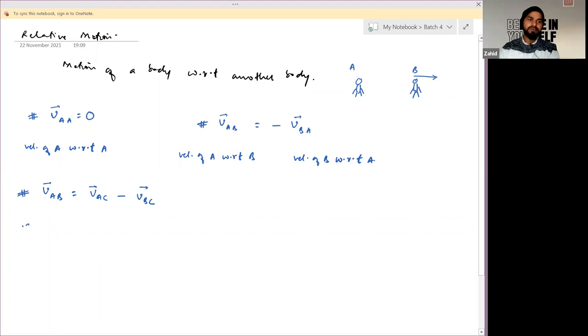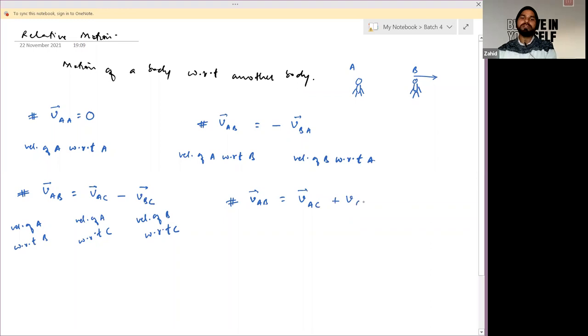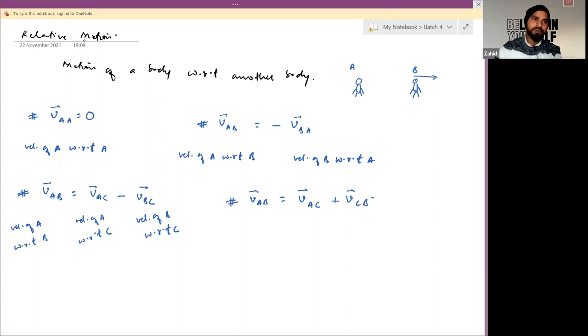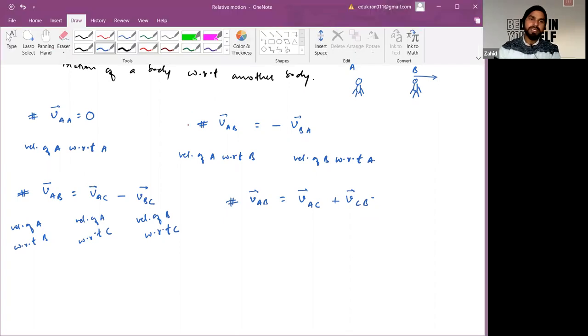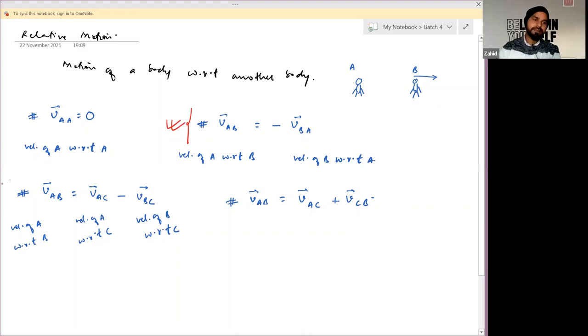It means velocity of A with respect to B is equal to velocity of A with respect to C minus velocity of B with respect to C. Now, if you reverse this notation, you will get velocity of A with respect to B is equal to velocity of A with respect to C plus velocity of C with respect to B. Now, in these four different formulas, you have to use only this term and this term.